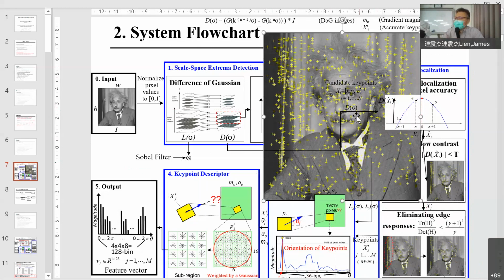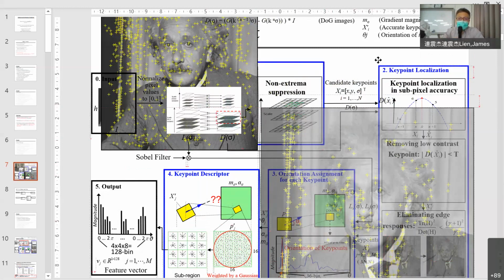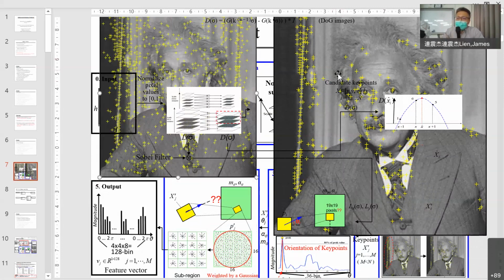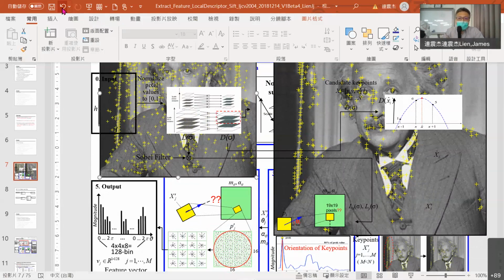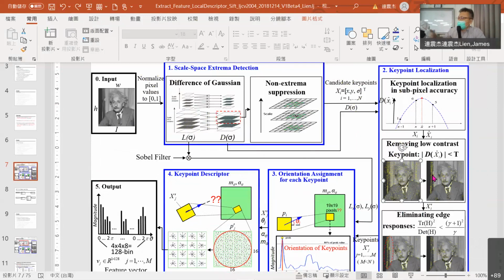But if there are still too many points, can I delete more points? Let's delete more points. I want to keep high magnitude points, so based on this, I want to delete some low contrast points. They will teach you how to do that. This is easy, just delete. If the magnitude is not high enough, we just delete it.